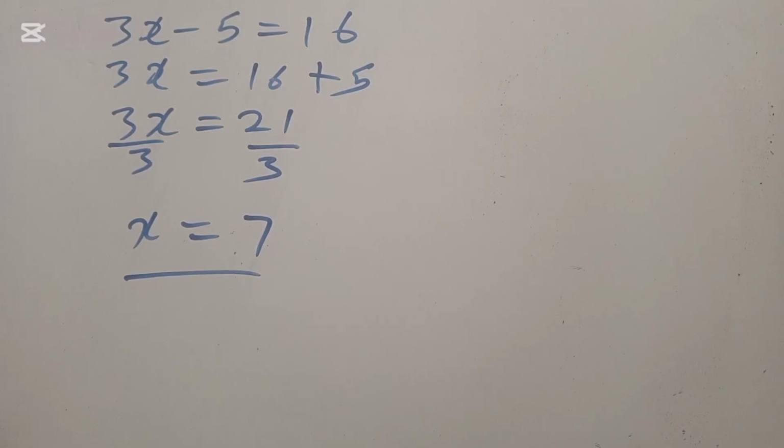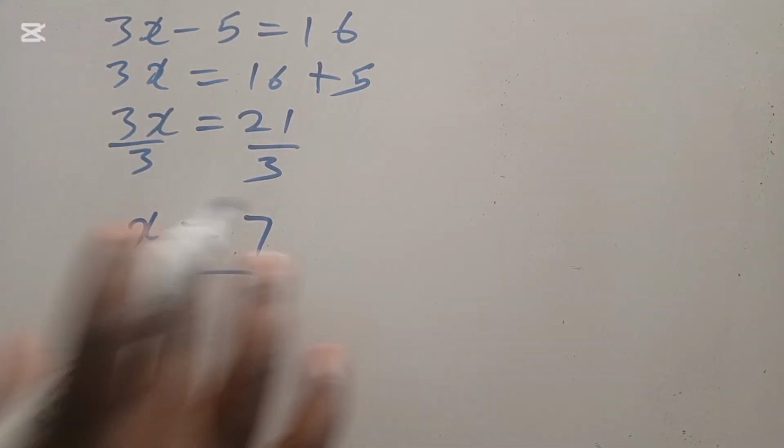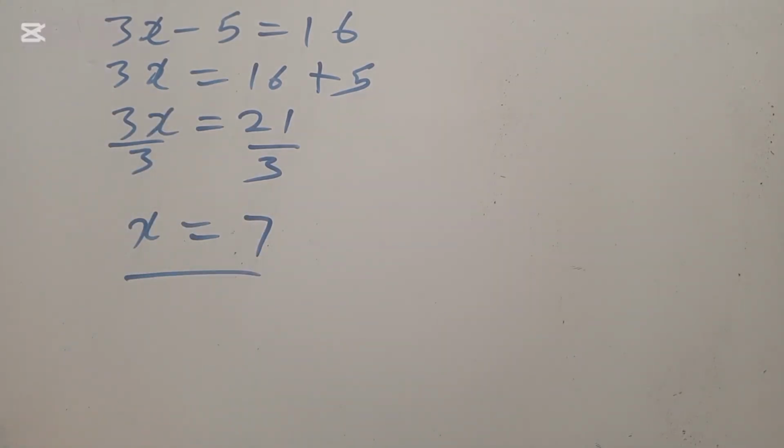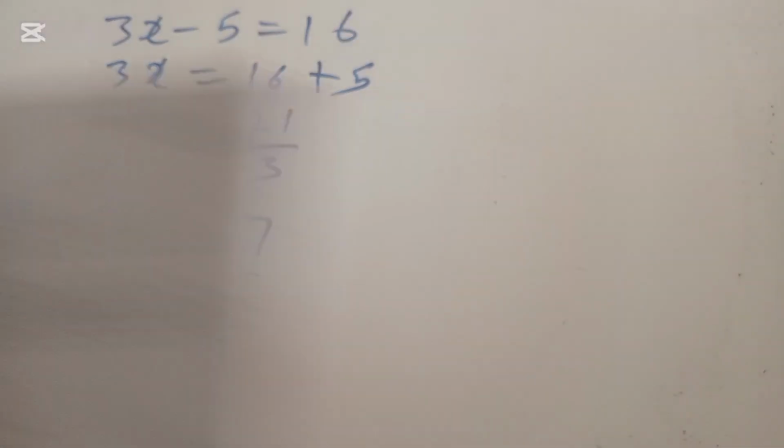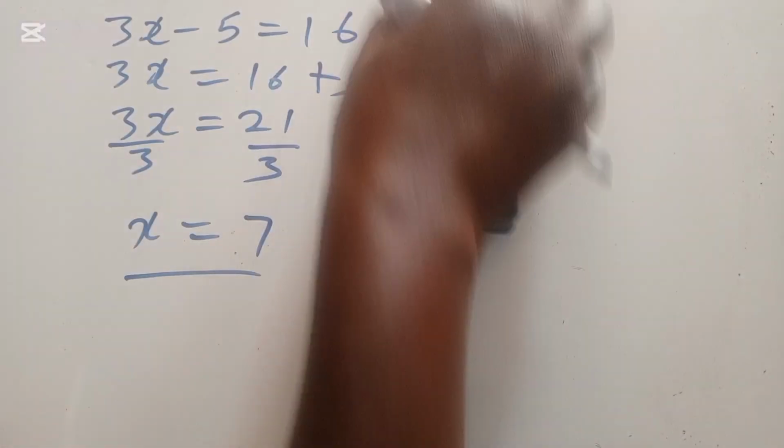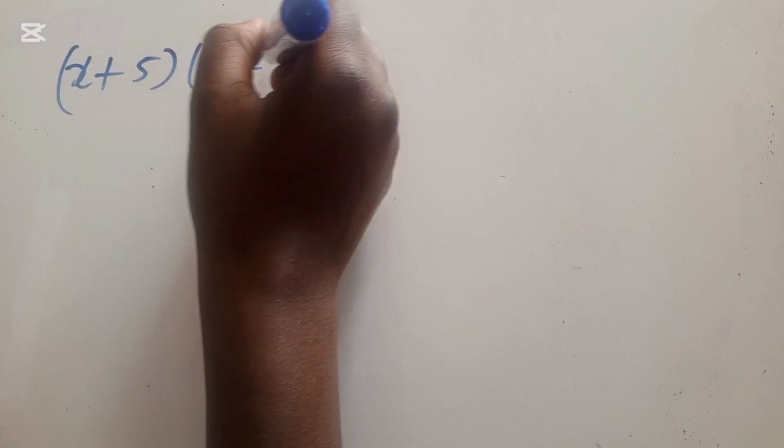I don't need to do the other method, but even if you do it, the answer would still remain the same. Now let us do question 27. So you have x plus 5, x minus 3.